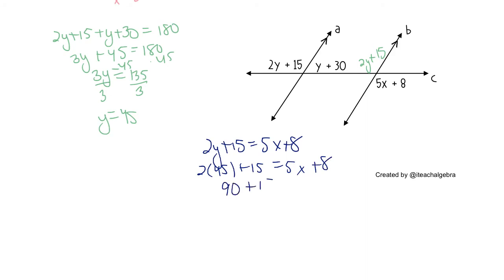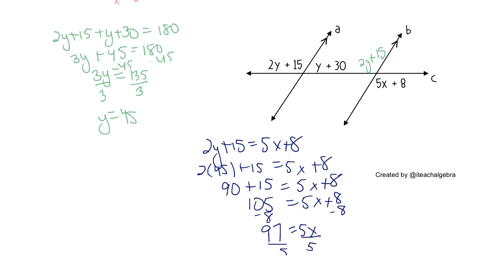That's 90 plus 15. That's 105 is 5x plus 8. So we can subtract 8. That's 97. My brain is mush. I'm going to have to check that on my calculator. Yep, equals 5x. Divide by 5, and x is 97 over 5, or 19.4.